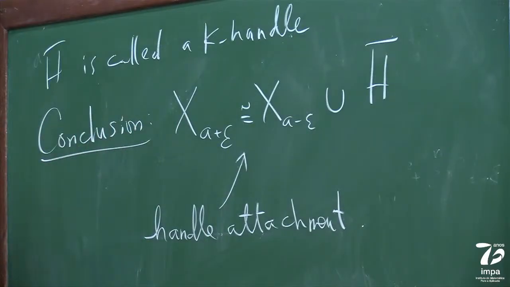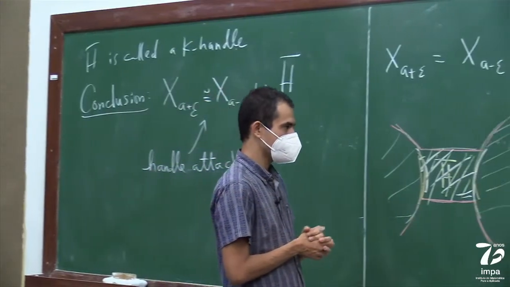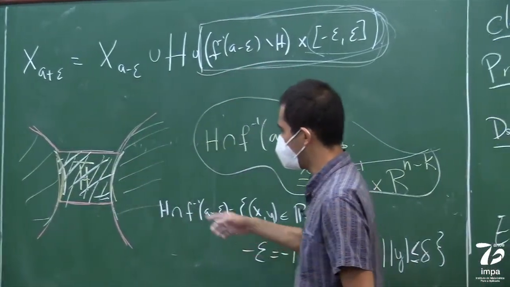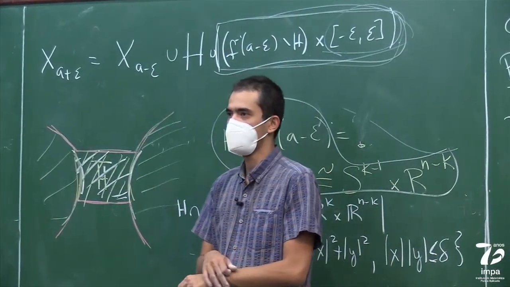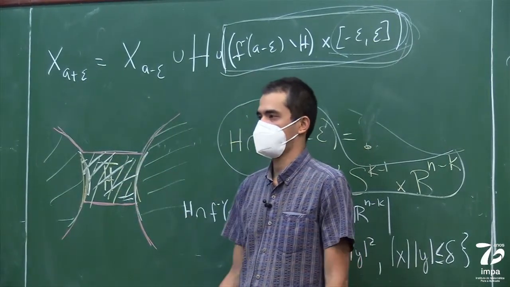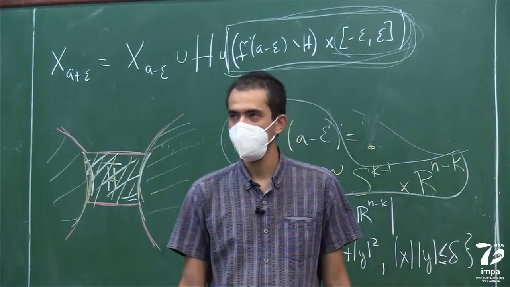Okay, we're running out of time. Next time, I'm going to explain this a little better, give lots of examples, and explain what's happening with the smooth topology here and why it looks like it's not smooth, but it'll be okay.